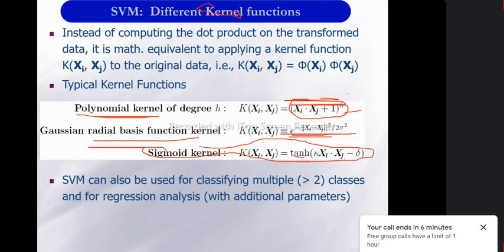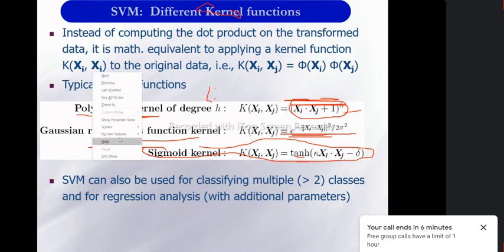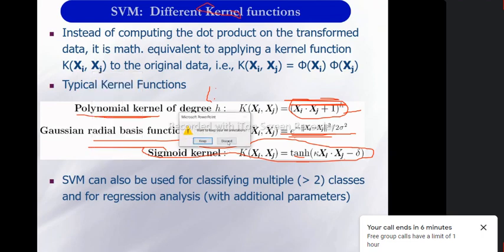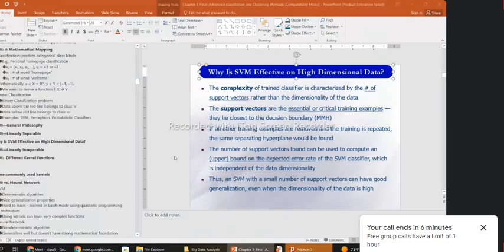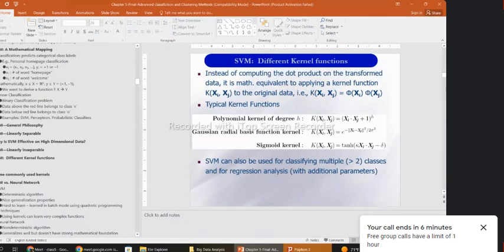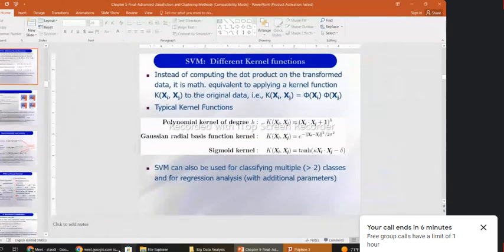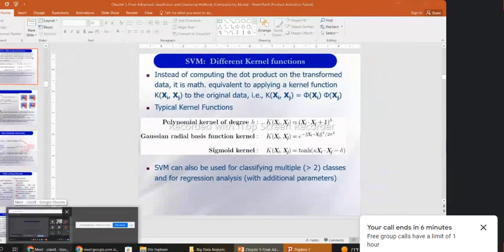So which one is good? Do you think that linear is good, or polynomial is good, or radial RBF is good, or sigmoid is good? Which one is better? If I asked you to recommend the algorithm, which one is more recommendable for our data sets or any implementation?